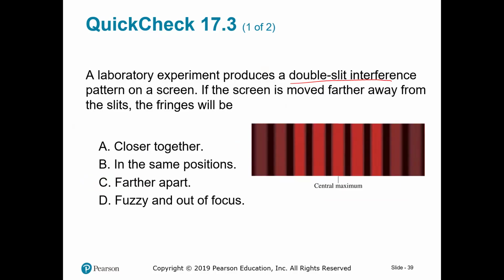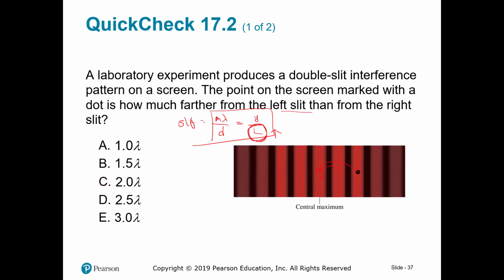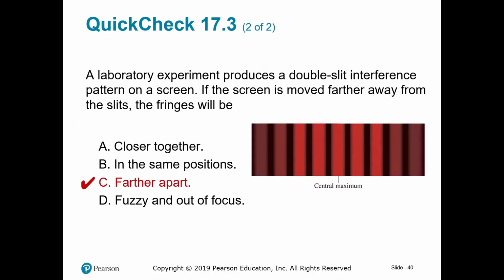So now you're investigating delta y as a function of L, right? So your y is going to be m lambda L over d. So if you increase L, y will be increased as well, right? So that means the distance is further apart, right?